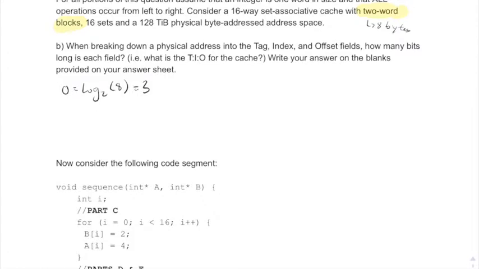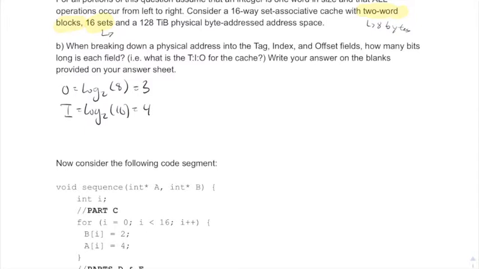Alright, now let's try to find out what the index is. So they give it to us here as well. There's 16 sets. This means that we have 16 different indices possible. So again, we can do log base 2 of 16, which would give us 4.